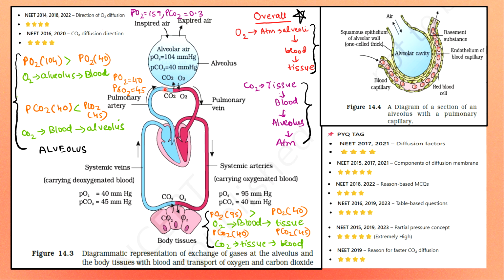If you see carbon dioxide, the partial pressure of carbon dioxide in the alveolus is 40 and in the blood inside the capillary it is 45. So 45 is more than 40. So carbon dioxide diffuses from the blood in the capillaries towards the alveolus.